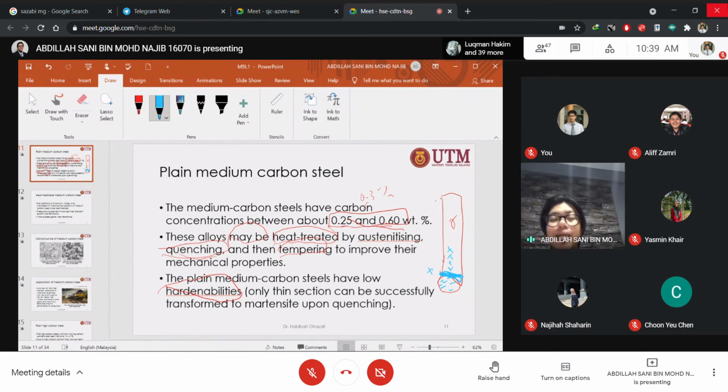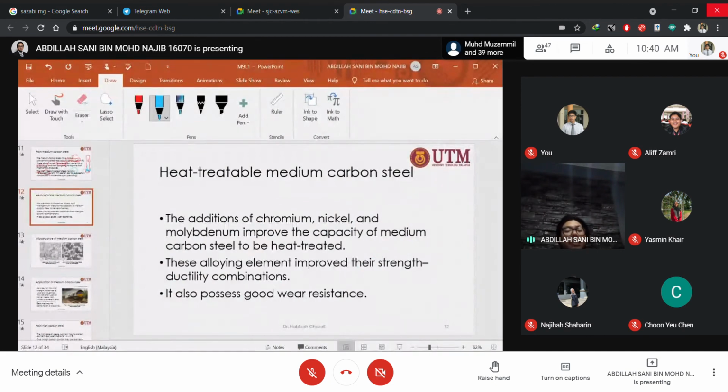So that is hardenability. For this medium carbon steel, we mentioned that the carbon is limited, so the hardenability will be low. It means that the hardenable depth is not much.